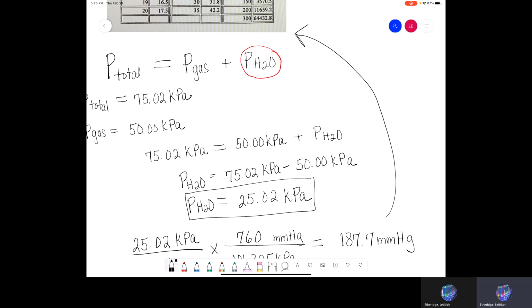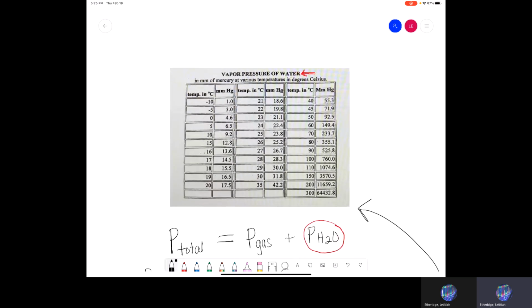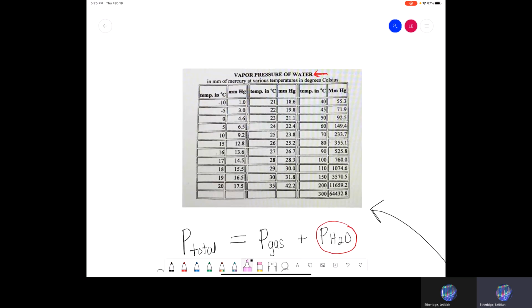So the number that we're looking for is 187.7. So what we're going to do is take a look at, obviously, the millimeter of mercury side, because that's the important column right now. And wherever we find it, we will look for the temperature in degrees Celsius, and that will be our answer.